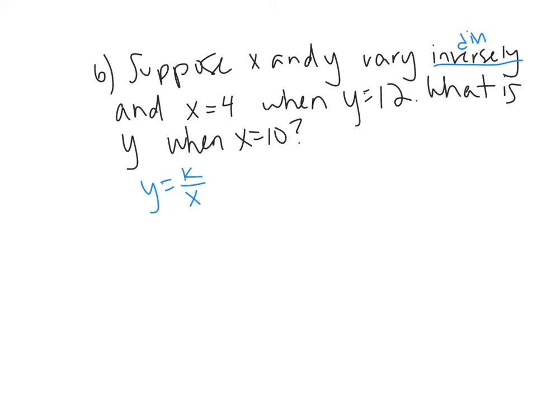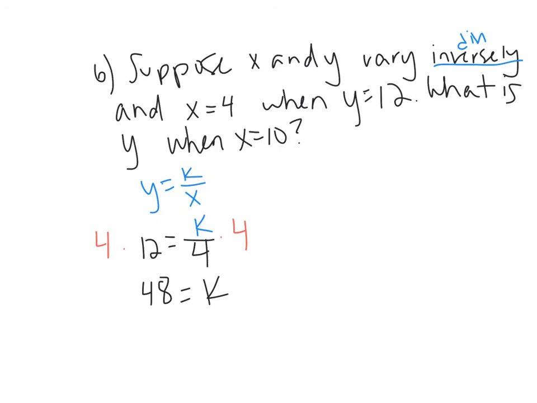And we also know that when x equals 4, y equals 12. So let's plug that in and use it to find that constant. What number do I need to divide by 4 to get 12? If we isolate and find this k, multiply both sides by 4, k is going to equal 48. So my constant of variation, how I get from x to y, is 48.